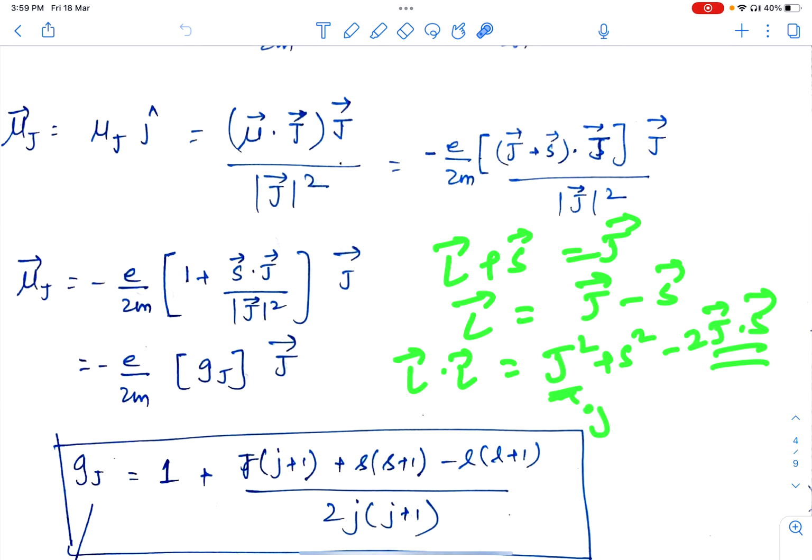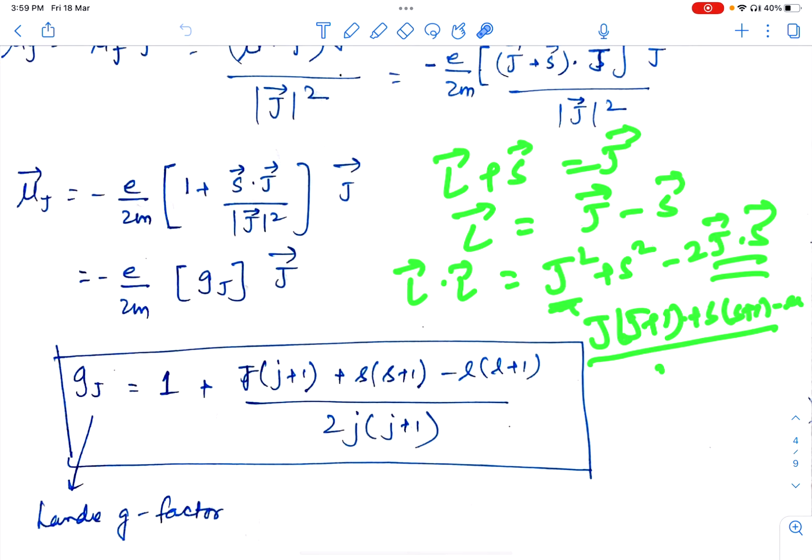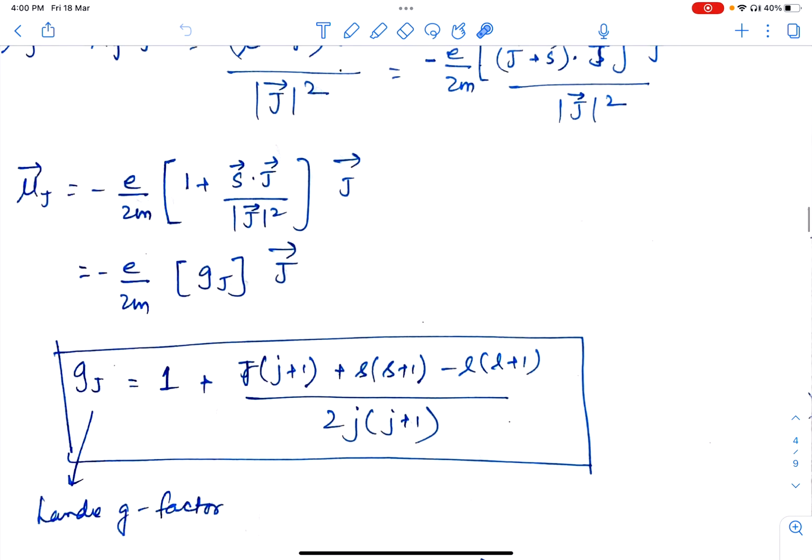We are putting the eigenvalue problem: J(J plus 1) plus S(S plus 1) minus L(L plus 1) by 2, times H cross squared, and the same H cross will be cutting out. I hope you have understood it. If not, let me know.